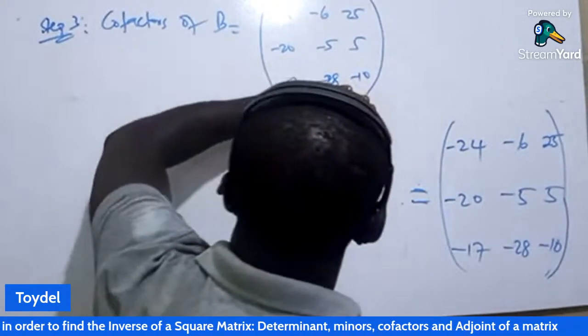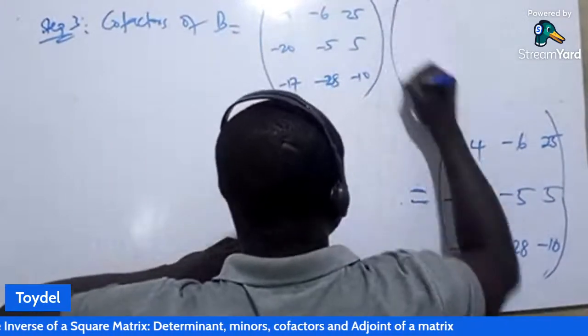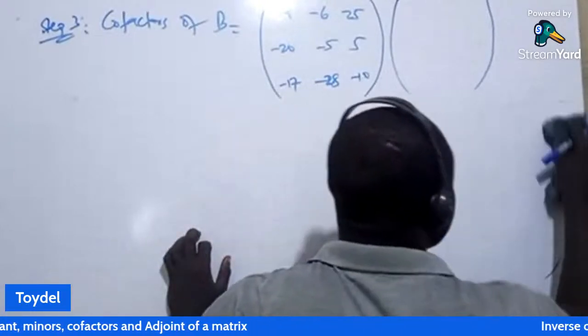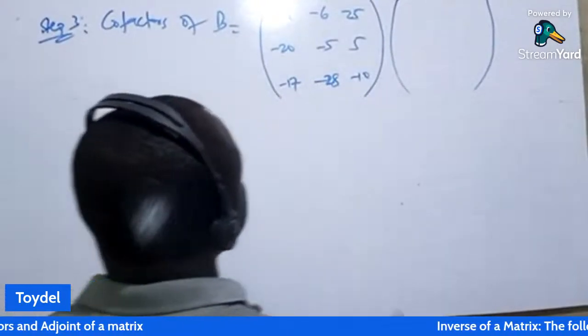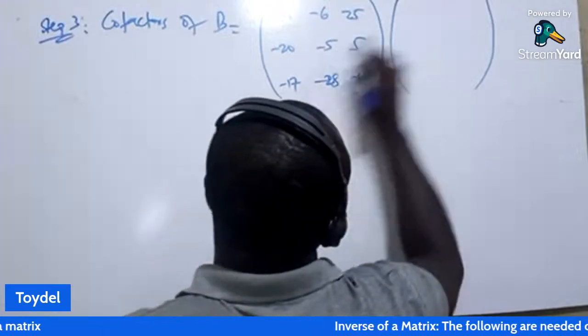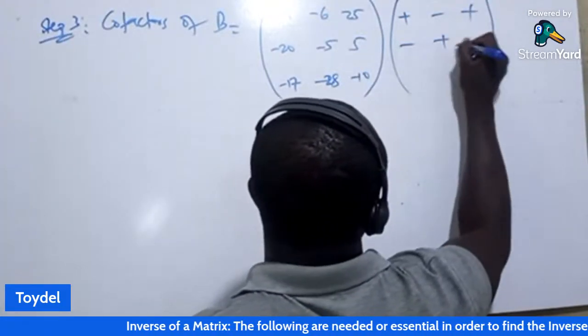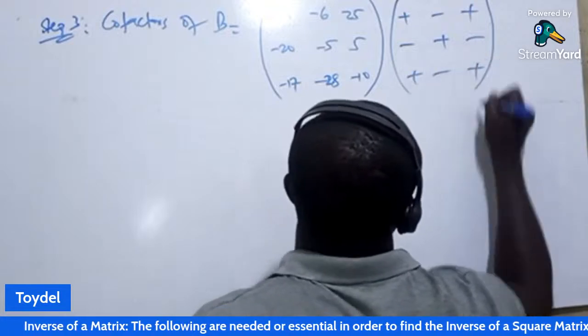So this is the minors of B. Then we now relate it with the appropriate signs. That's the meaning of cofactor. Cofactor simply means minors with appropriate signs. In this case now, the appropriate signs will be plus, minus, plus, minus, plus, minus, then plus, minus, plus.